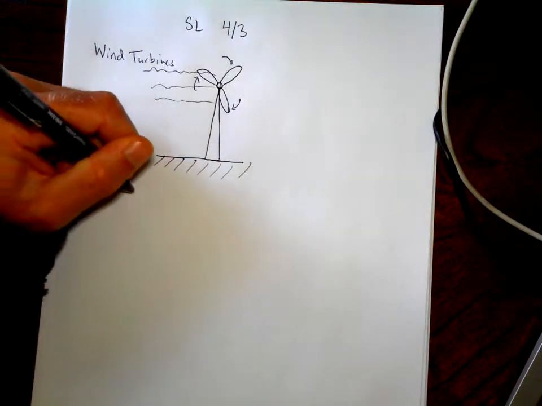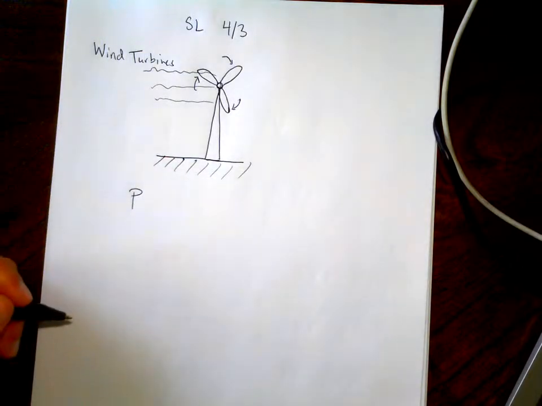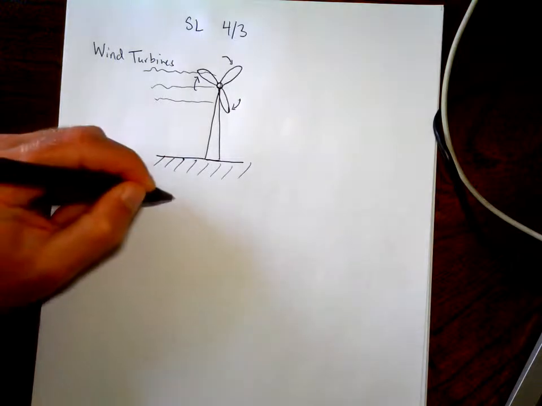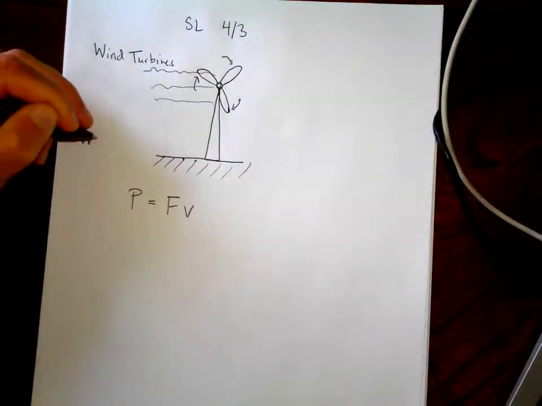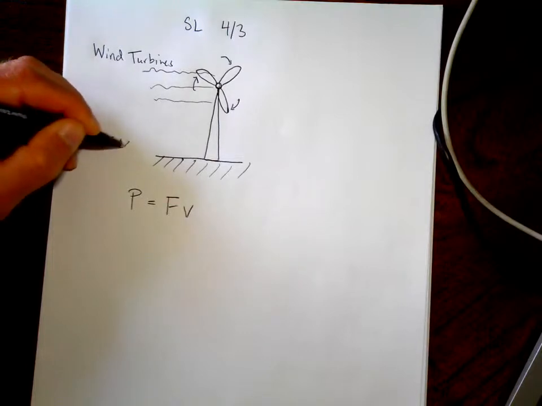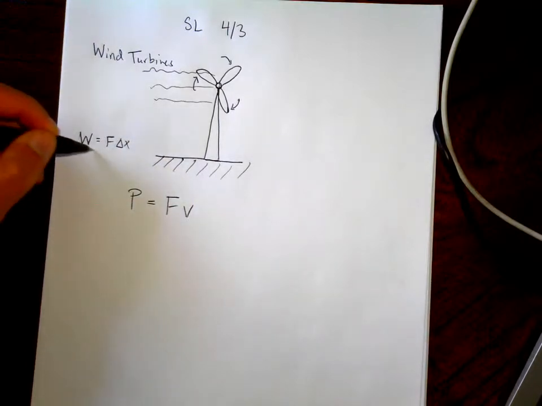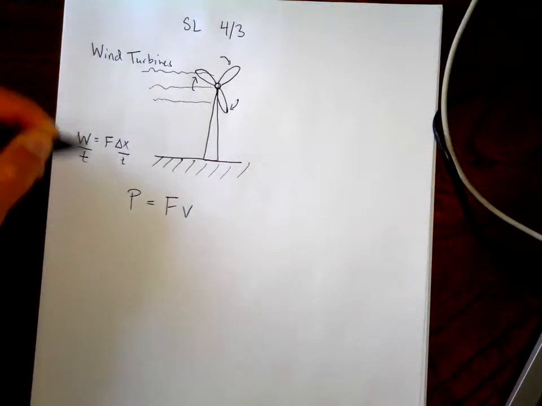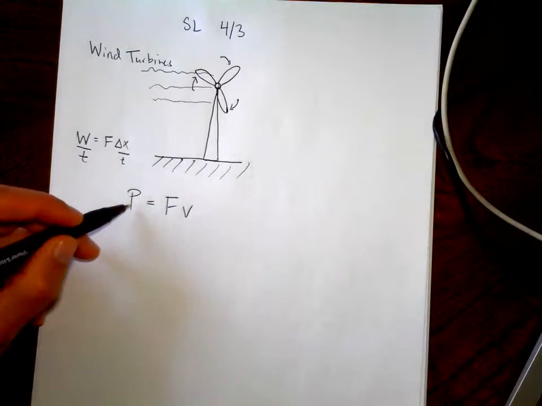The basis for this equation for power is going to be force. Work, I just defined work. Work is force times displacement. If we take that and divide by time, on the left-hand side we have work per time, which is power.